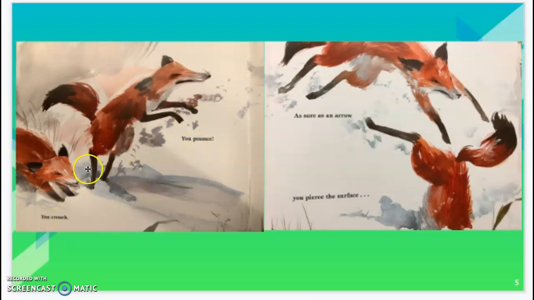You pounce. Well, if you didn't know what pouncing meant, you could see, oh, he's jumping up in the air like an arrow, like this, and you pierce the surface. If you didn't know what pierce meant, you could see, oh, he's going into the surface. So the illustration and the words all explain exactly what the fox is doing from step to step.